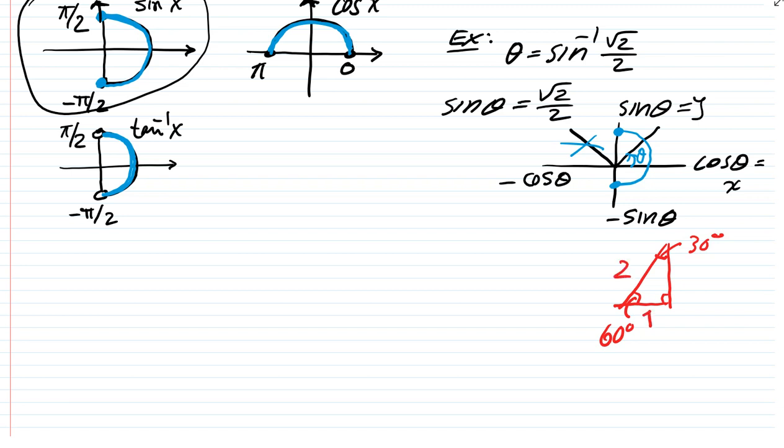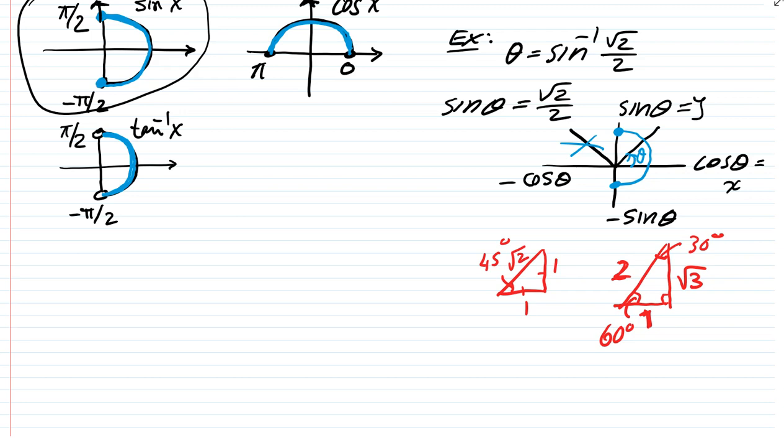The way we label this is the side opposite 30 is half the hypotenuse. So if this is 1, that's 2, this would be square root of 3. And we also have the 45, 45, 90 triangle, correct? And for that one, the sides are 1, the hypotenuse is root 2.